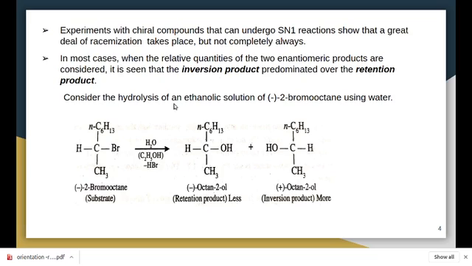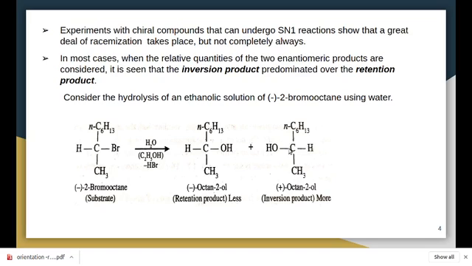For example, consider the hydrolysis of an ethanolic solution of 2-bromooctane using water. 2-bromooctane is a substrate which on hydrolysis with water gives 2-octanol. This is the leaving group. In the retention product, we have the nucleophile on the same side as the leaving group. This is obtained in a lesser amount.